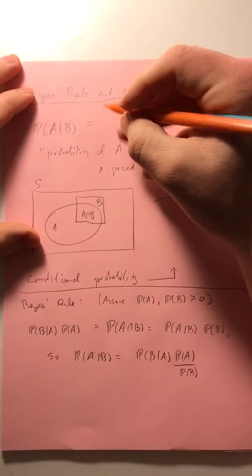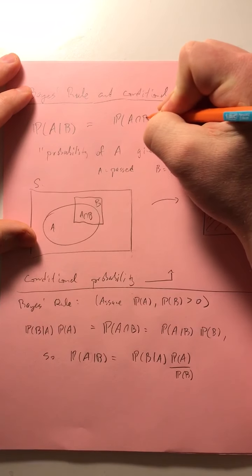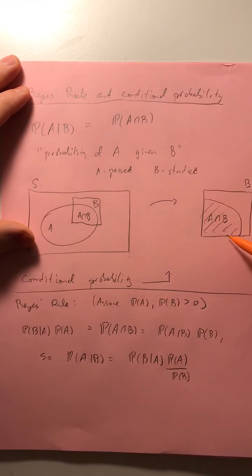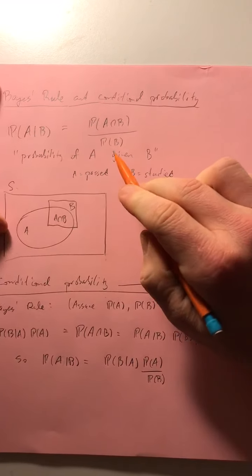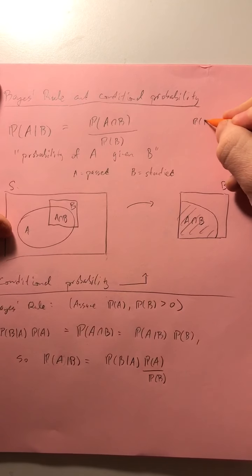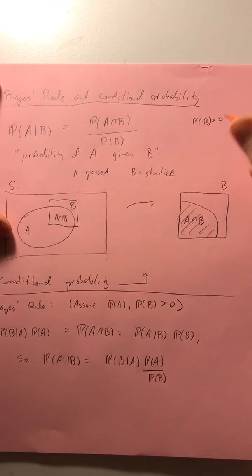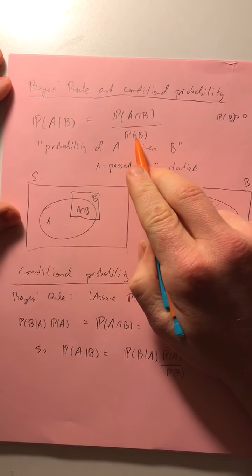By definition, the probability of A given B is the probability of A intersect B, which is the shaded region here, divided by the probability of B. And this only makes sense if the probability of B is positive, right? So I can only do this definition for events B such that the probability of B is positive, not 0.